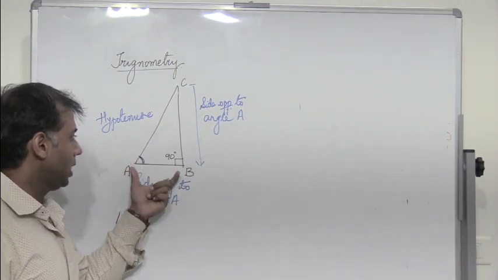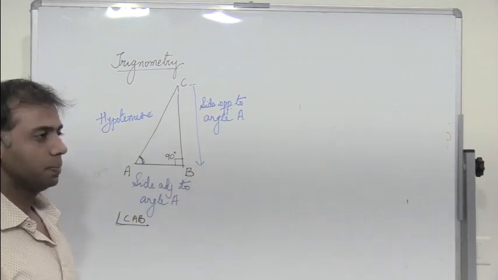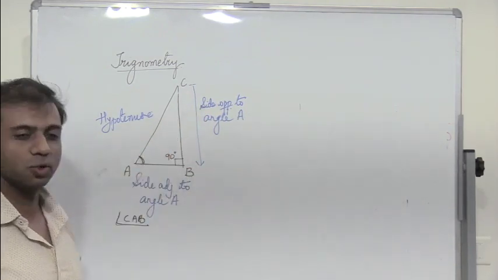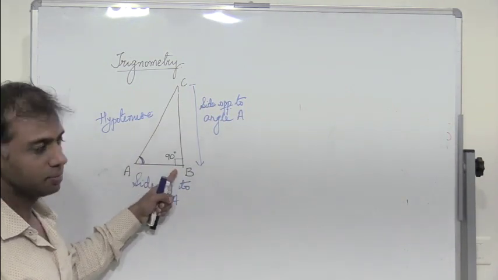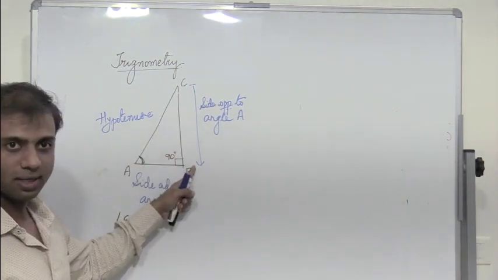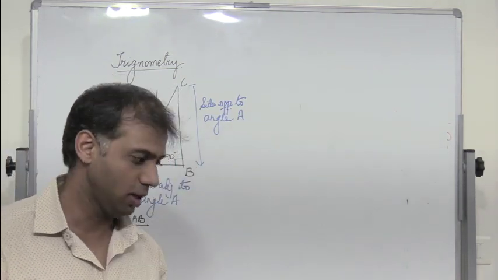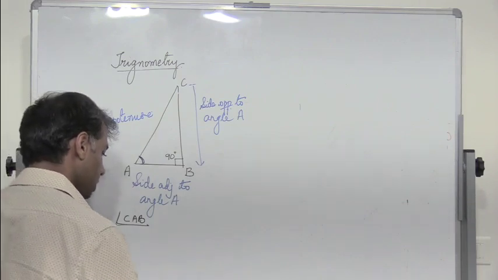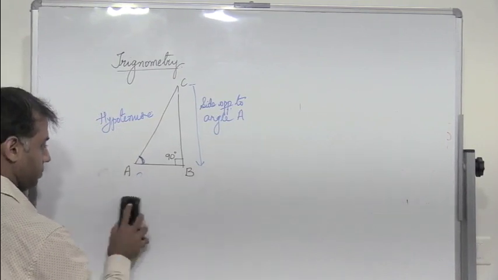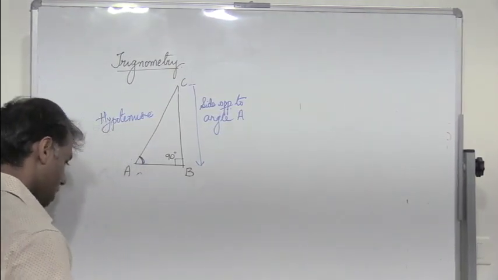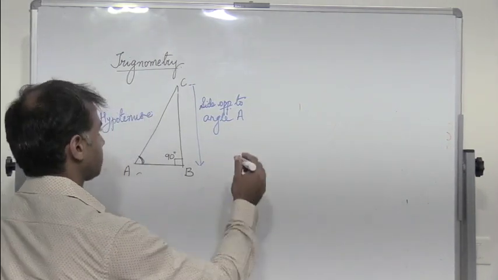With respect to angle A, AB is the side adjacent to angle A, and BC is the side opposite to angle A. Now with these three, AB adjacent side, BC opposite side to angle A, and hypotenuse, we define a few trigonometric ratios. So what are the trigonometric ratios? So the most important relations are the sine of angle A.